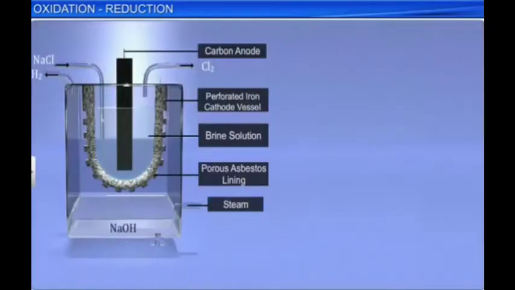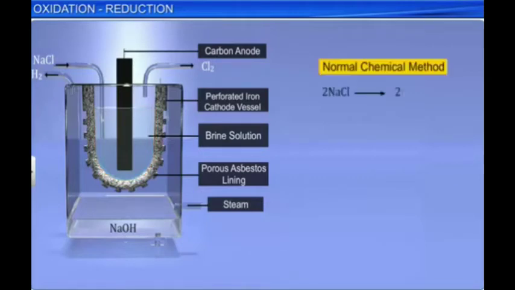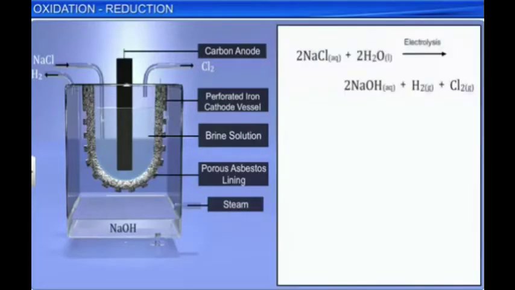For example, chlorine is obtained by oxidizing brine solution. Since oxidation cannot be carried out by normal chemical methods, chlorine is extracted by electrolysis. Thus, the chemical reaction corresponding to the electrolysis is shown here.